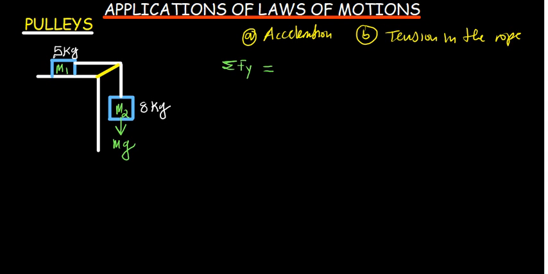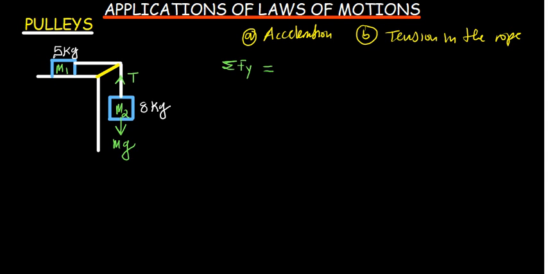Now, what force is going to be preventing it from moving? As you can see on top, it is connected to this object. So this object is going to be offering resistance to the movement of this one, and that is going to be through the force found in this rope, which is called the tension force.